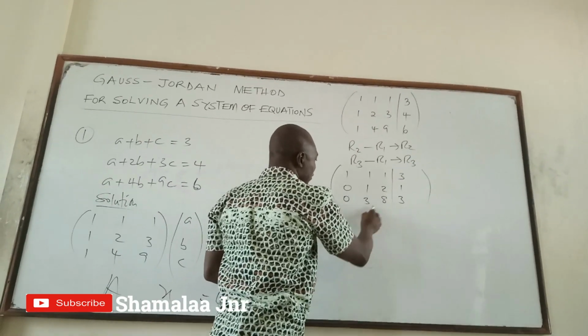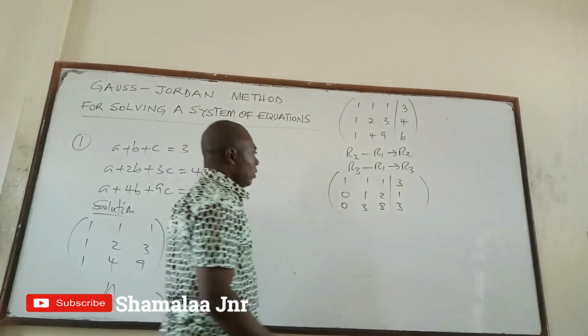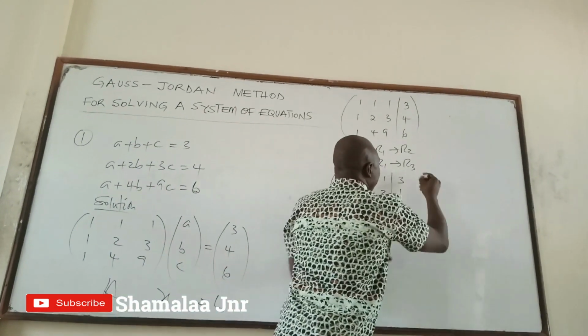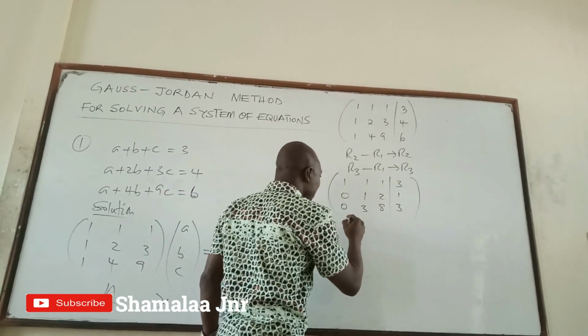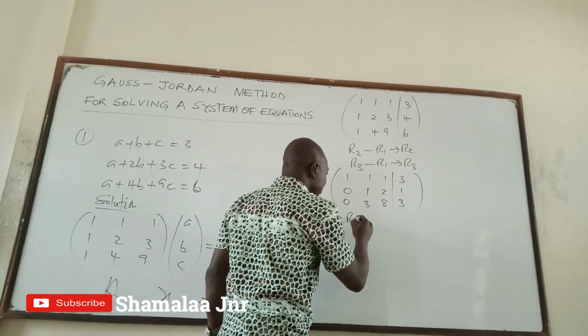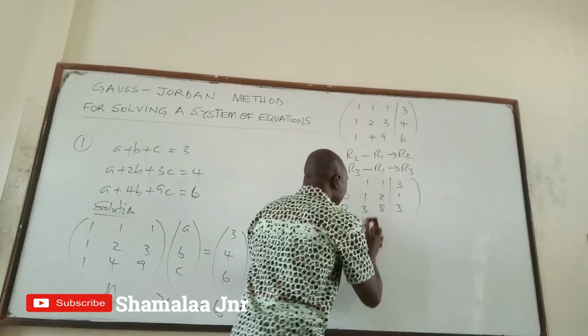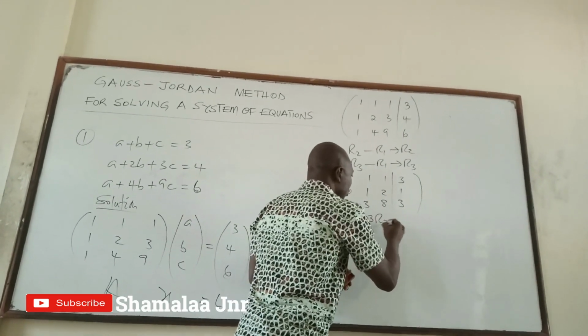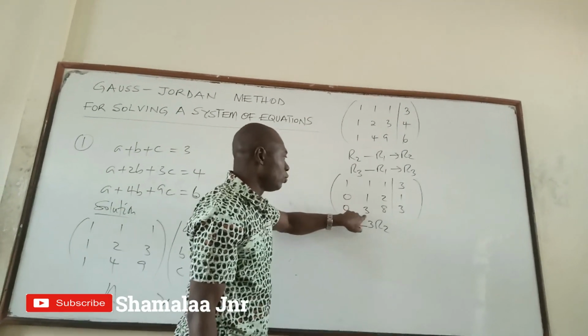Now let's work on this one. You want to change this one also to 0, and write this one over there. So how do you change this one to 0? You can say row 3 minus 3 row 2. If you multiply this one by 3 and subtract from this, it will go to 0.